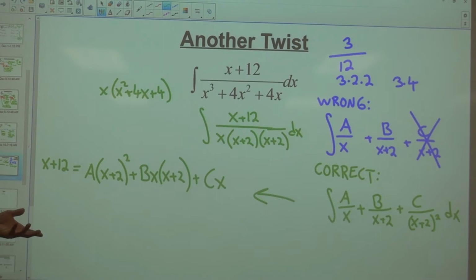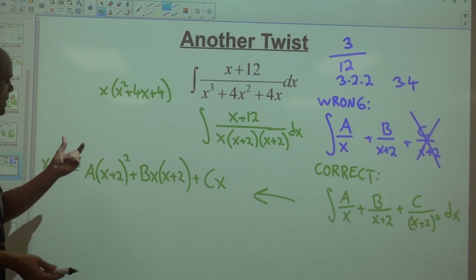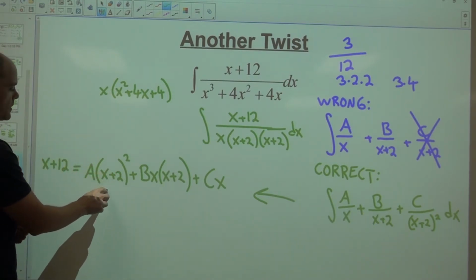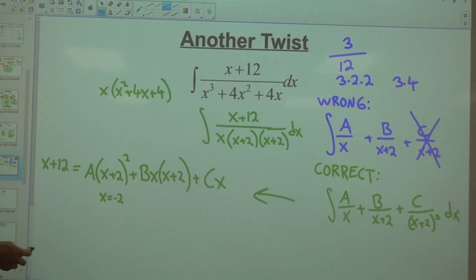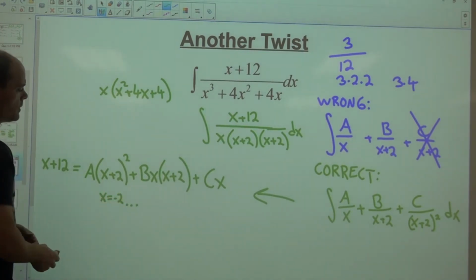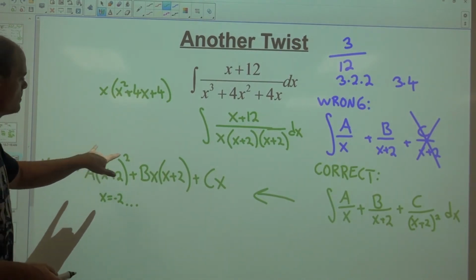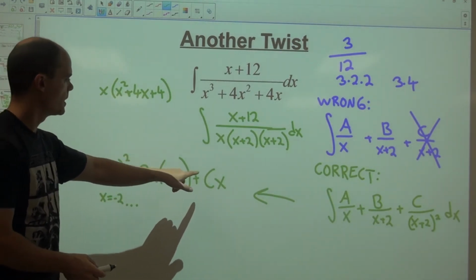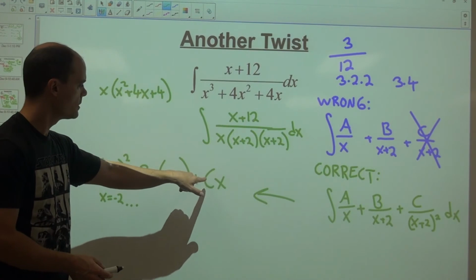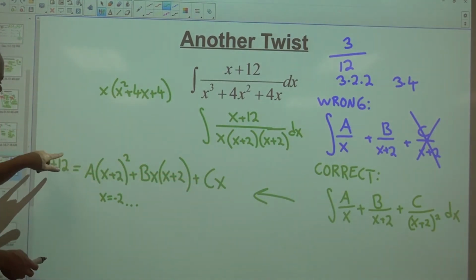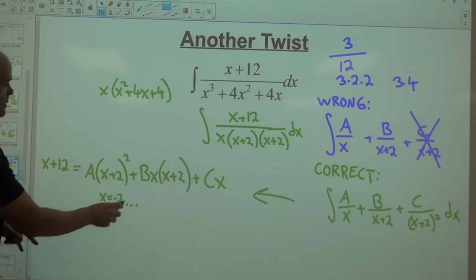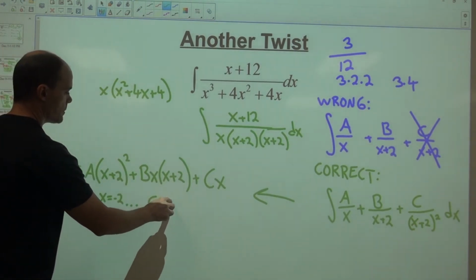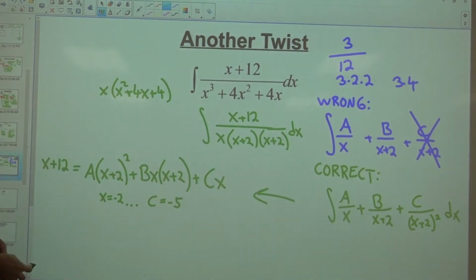And now we do all the same things that we used to do. Negative 2 is going to save us a lot of stress here. If I choose x equals negative 2, this is going to be gone, this is going to be gone, and I'm left with negative 2c equals 10. If negative 2c equals 10, then c equals negative 5.